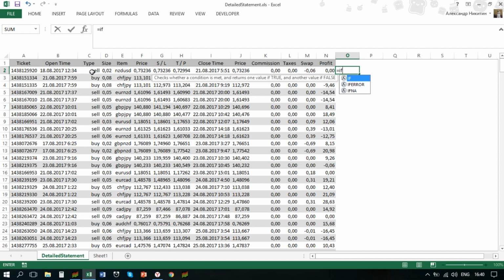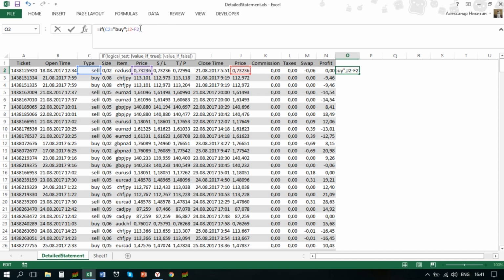If the type is buy, it should be this way, buy. If the type is buy, then price of closing position minus price of open position, and it should be always positive.